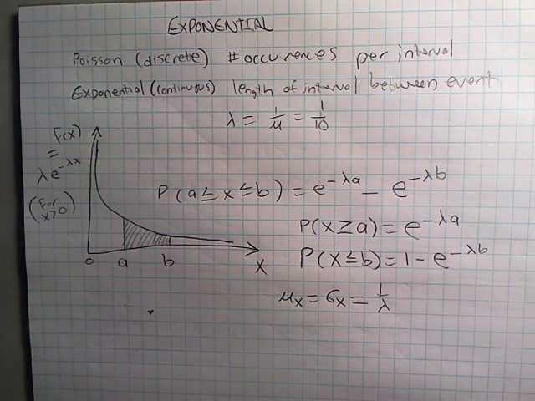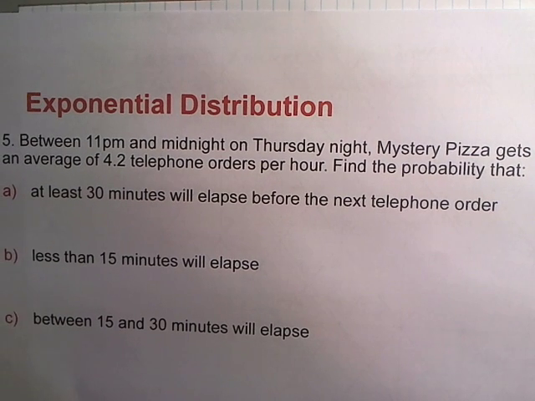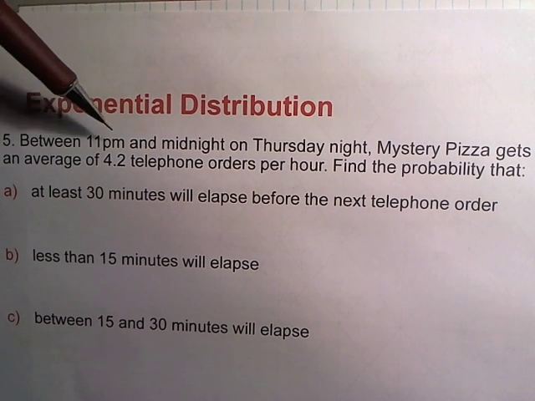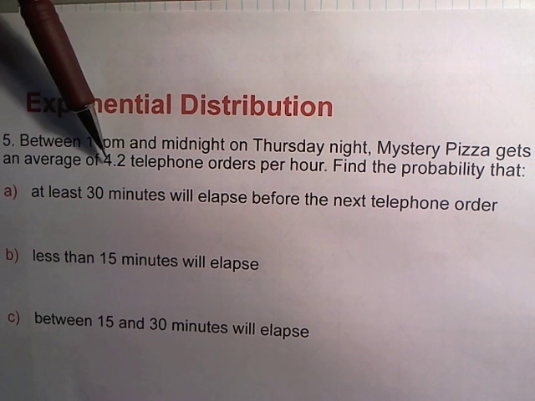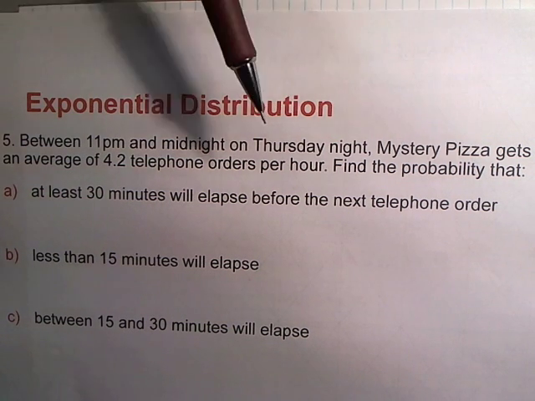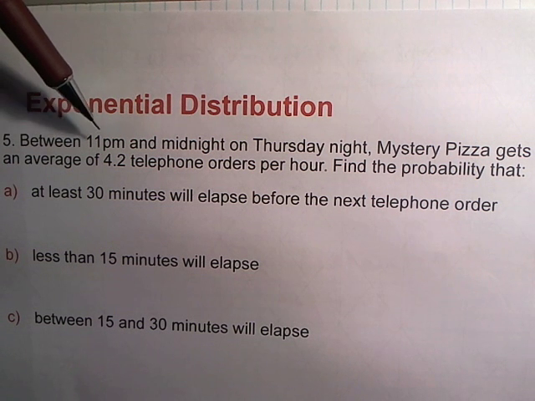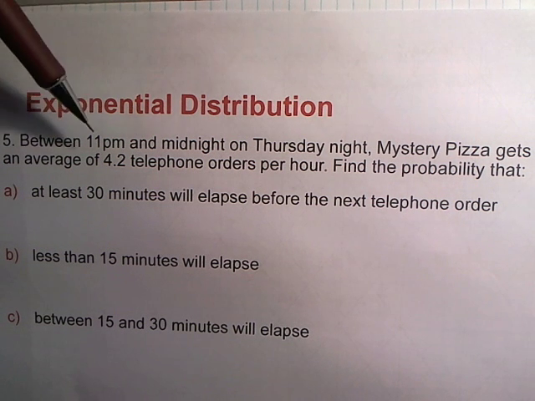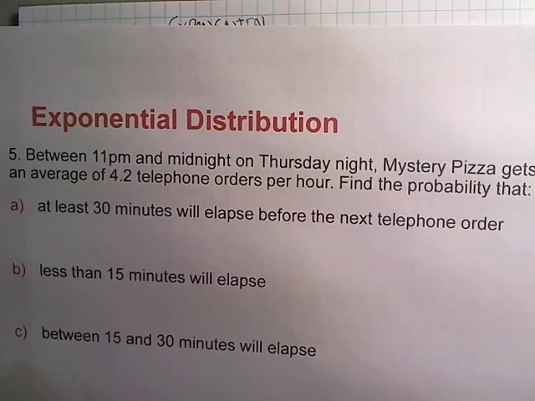All right, let's take a look at a sample problem. In this problem, we're told that between 11 p.m. and midnight on Thursday night, Mystery Pizza gets an average of 4.2 telephone orders per hour. Find the following probabilities. Expressed as a Poisson average, they receive 4.2 calls per 1 hour.